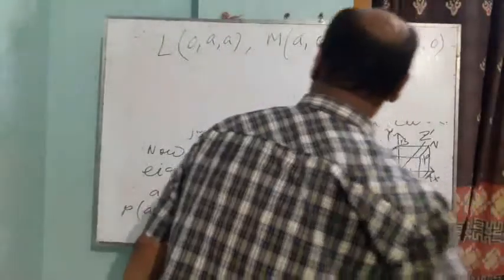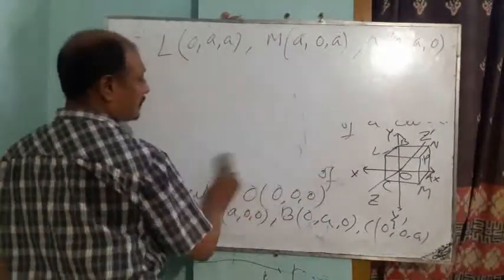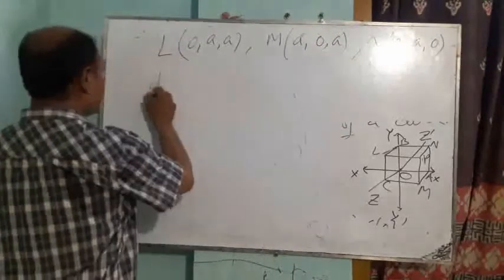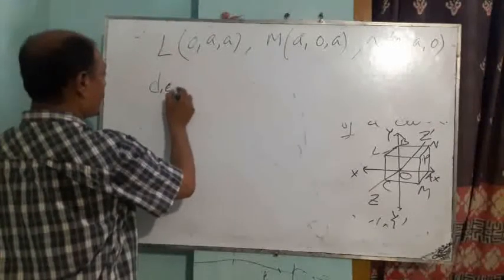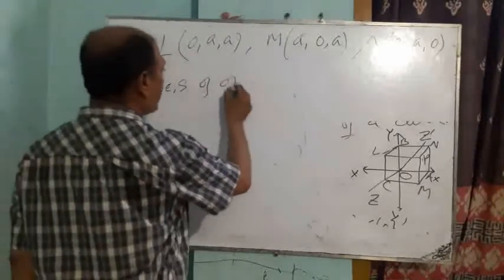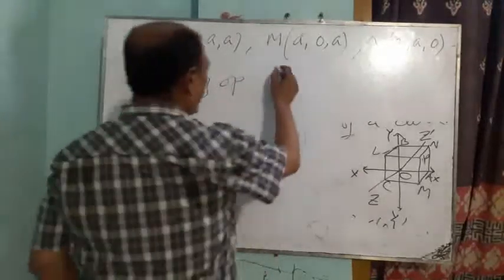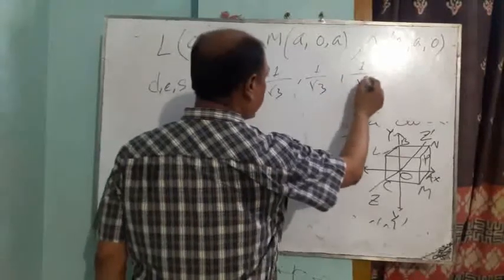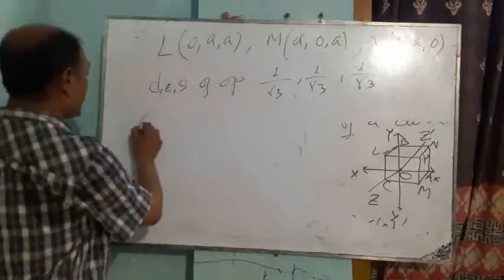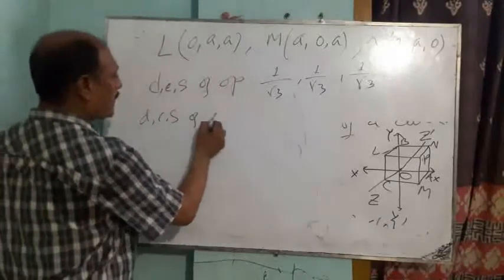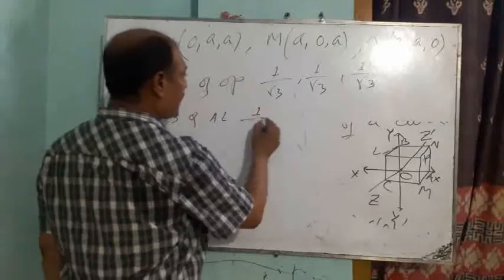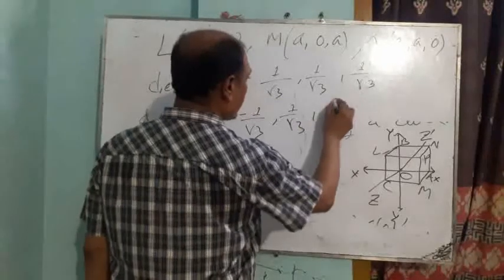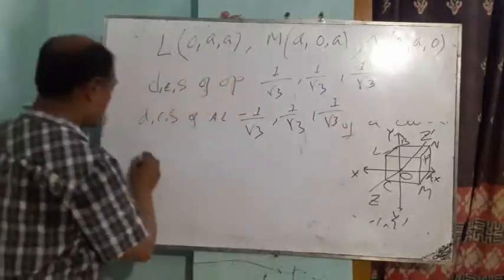Now we can find direction cosines of OP. Direction cosines of OP 1 by root 3, 1 by root 3, 1 by root 3. Direction cosines of AL 1 by root 3, minus 1 by root 3, 1 by root 3.